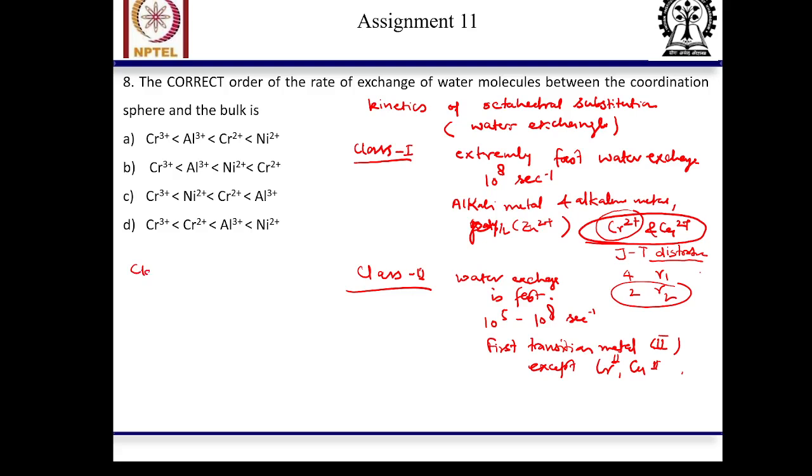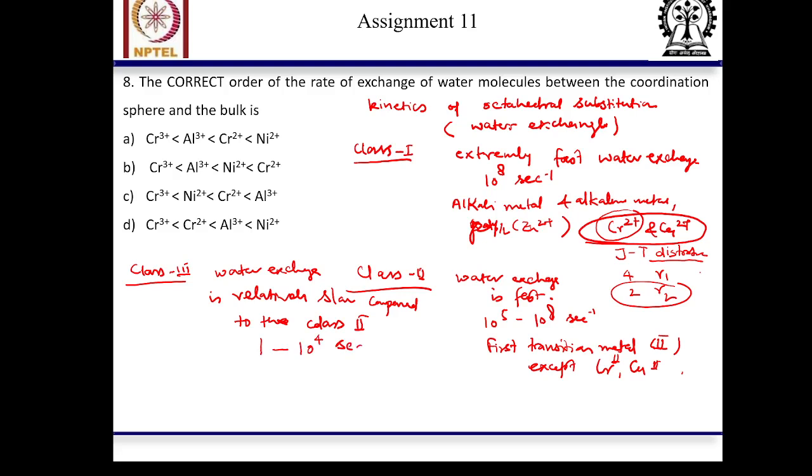Third one is class 3. In class 3, the water exchange is relatively slow compared to class 2. So what is the generally rate constant? 1 into 10 to the power 4 second inverse. What kind of material comes here?